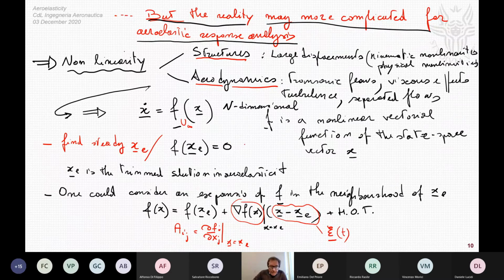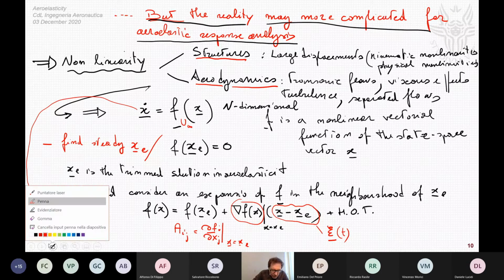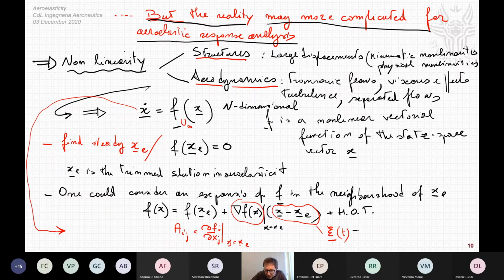So what happens to this original nonlinear model? If you consider this definition, you define this new variable as equal to the old one minus the equilibrium, so the state space variable x is equal to the position of the equilibrium solution plus the perturbation xi around the equilibrium solution.